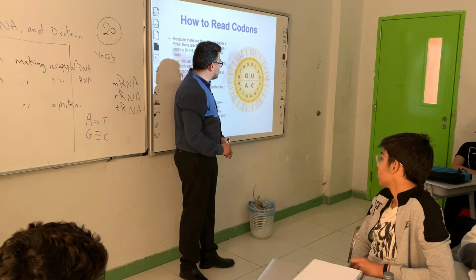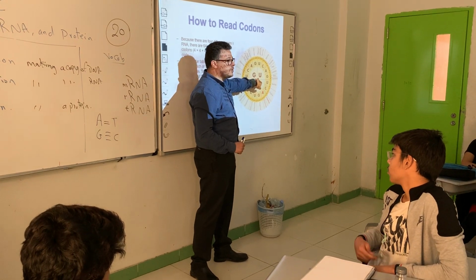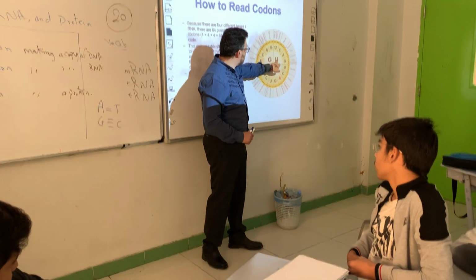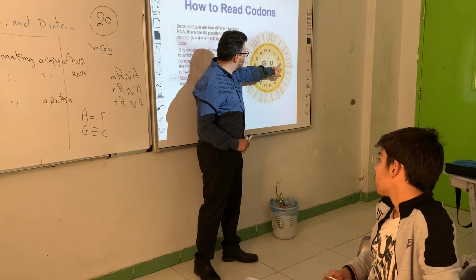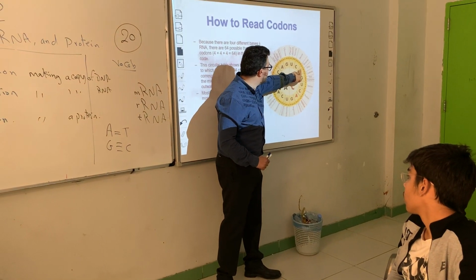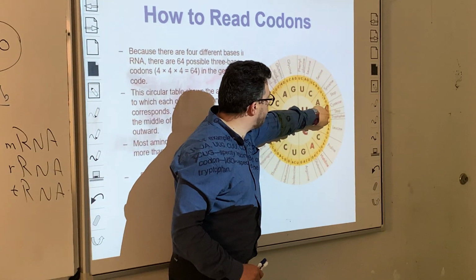RNA. When you start reading, you're going to start from the center of the circle to the outside. So here you have G, U, G. The U has how many alternative choices? 4. 1, 2, 3, 4. Each one also has 4 choices.